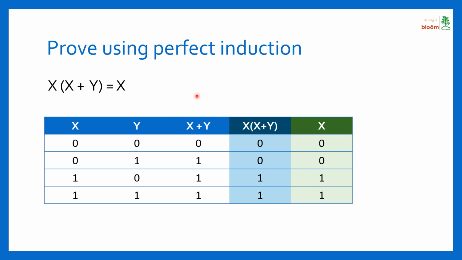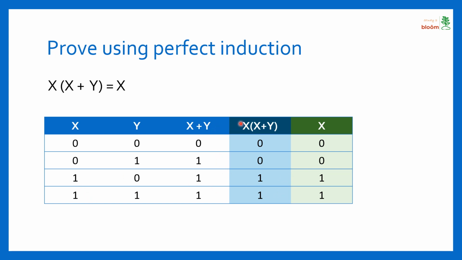When there is an OR, the values are getting added. Then we have to multiply this with x. So this is AND, giving 0 0 1 1.